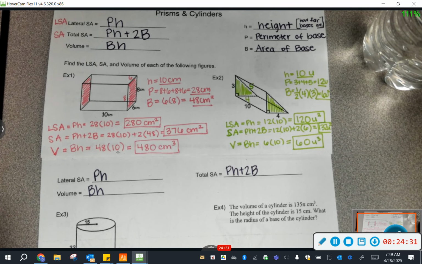However, what's different about a cylinder? There's no lines. What are there? The bases are circles. How do you find the perimeter of a circle? Close. That's area.